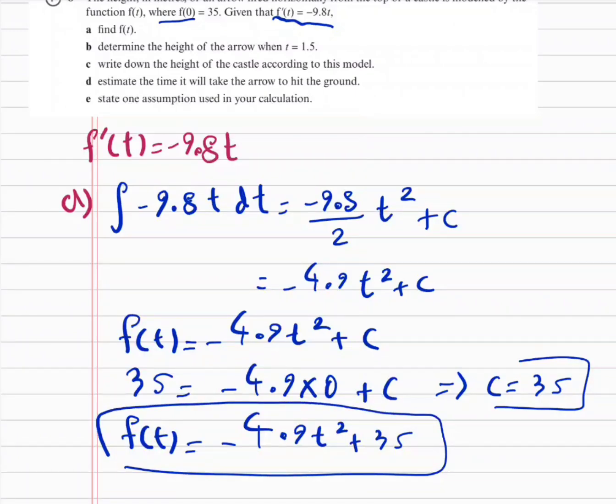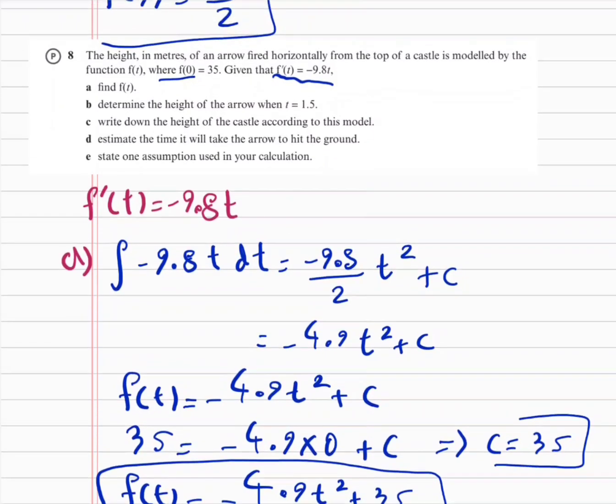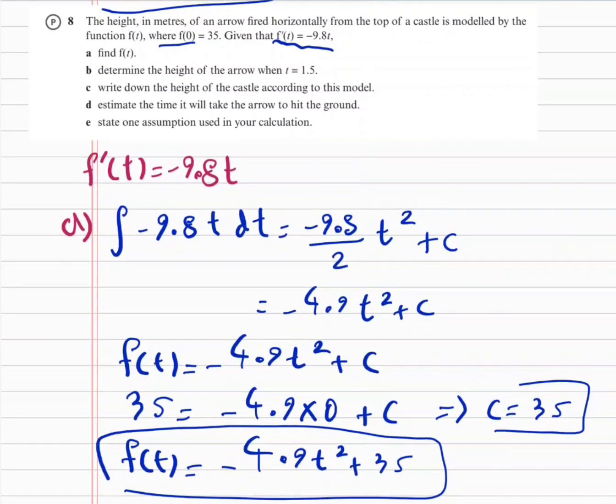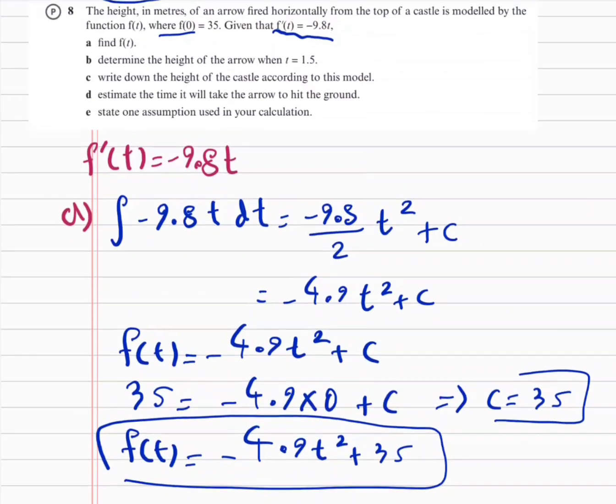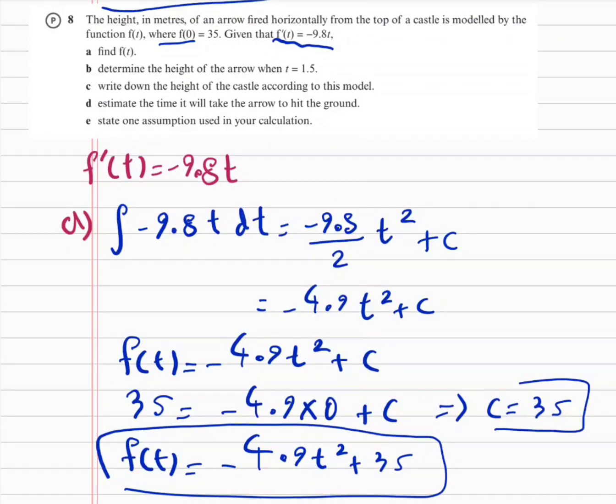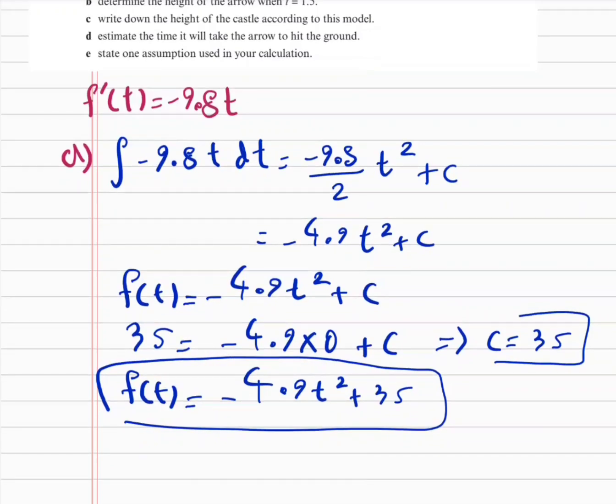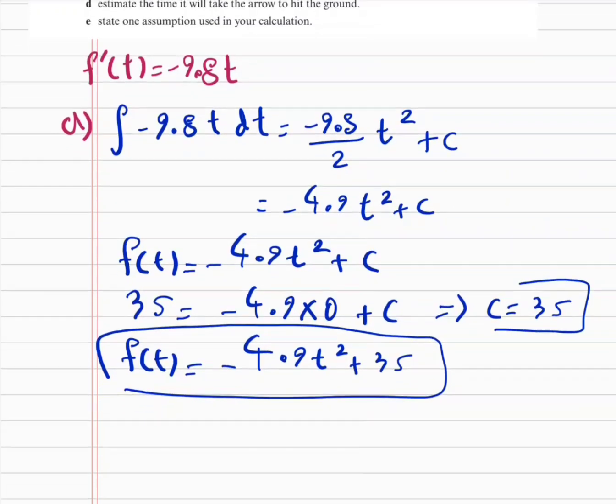In part B, we want to determine the height of the arrow when t is equal to 1.5. So essentially, the value of f of t, the output of the function, is the height. So this simply means that we just need to substitute 1.5 into the function to find the height.